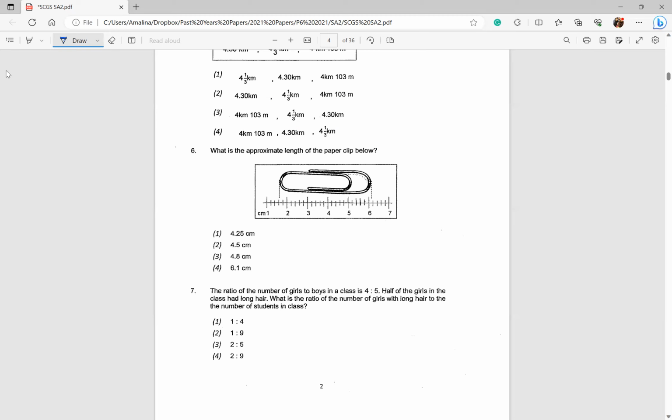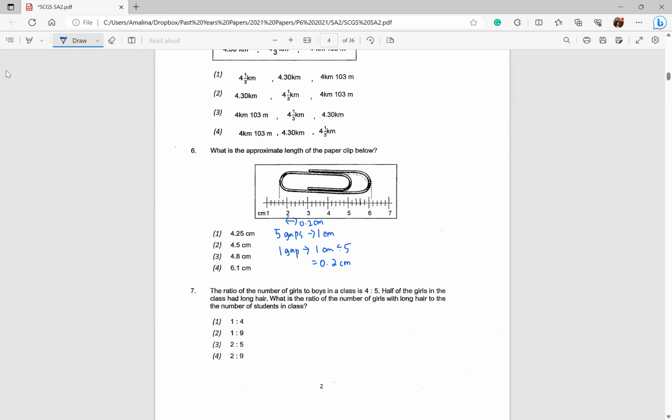So 5 gaps is around 1 cm. I divide by 5, which gives me around 0.2 cm. So 1 small gap is around 0.2.